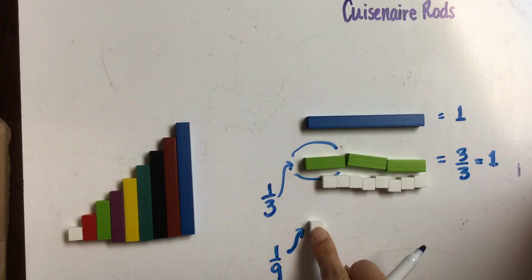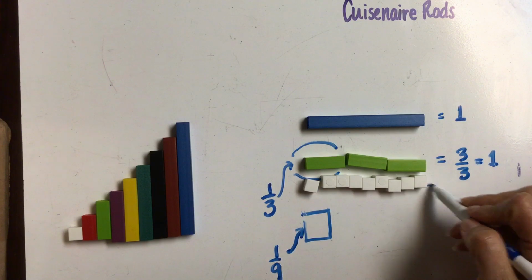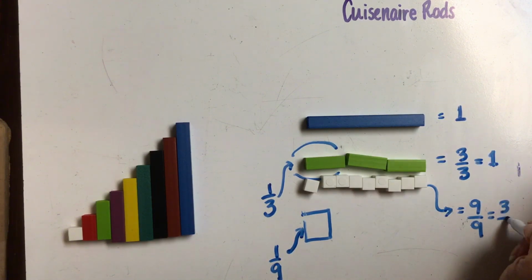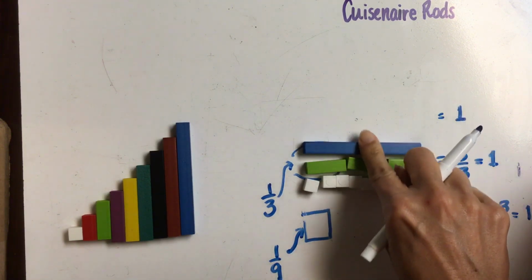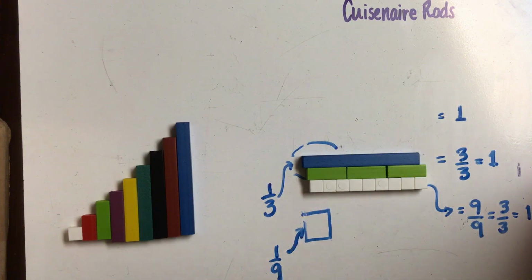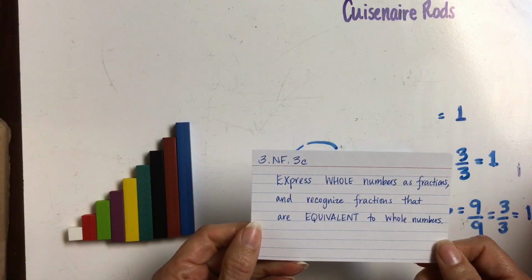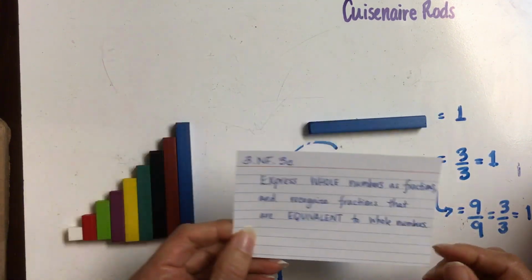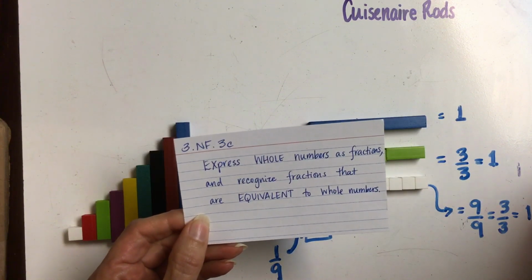And when I have 9 of them, that's 9/9, and it's equal to 3/3. It's the same as 3/3, and that's also equal to my 1 whole. So you are expressing whole numbers as fractions and recognizing that fractions are equivalent to whole numbers. This is my whole number. And that 3/3 is equal to a whole number and 9/9 is equal to a whole number.